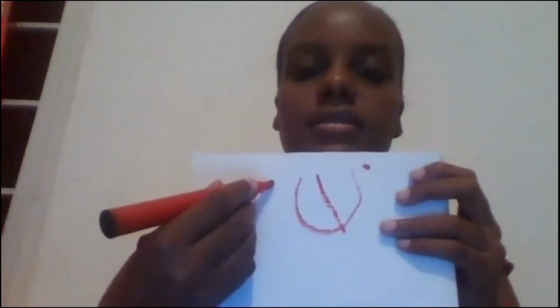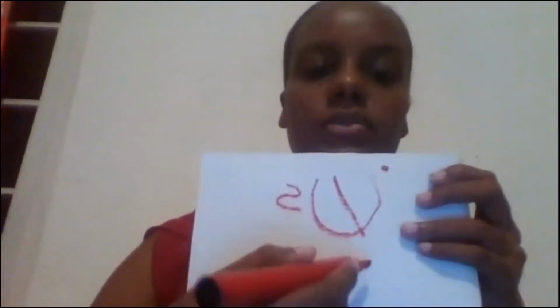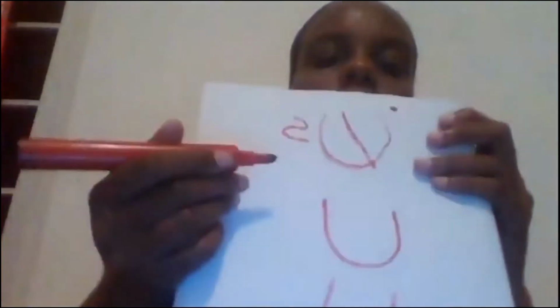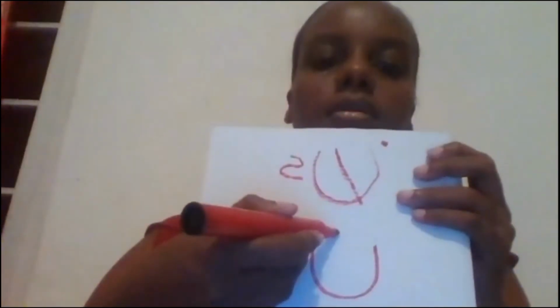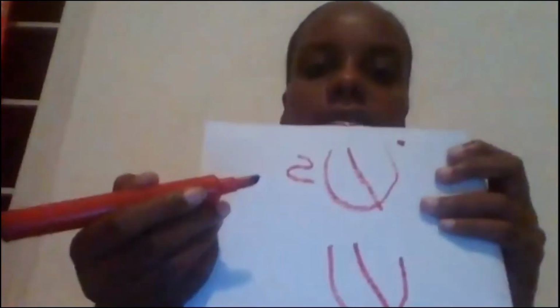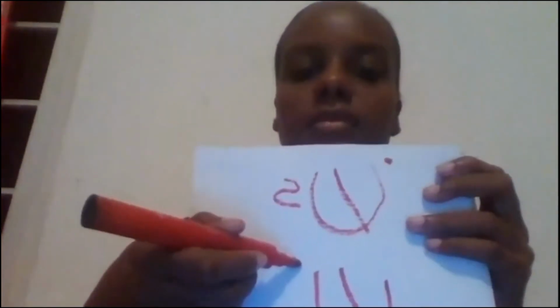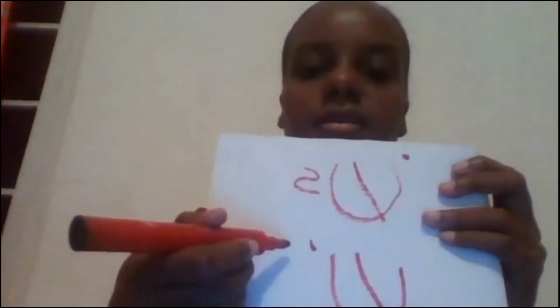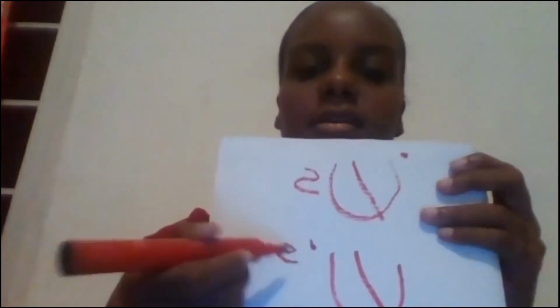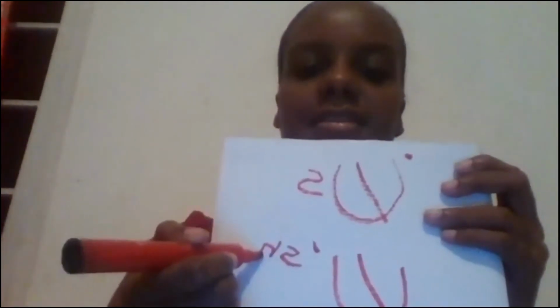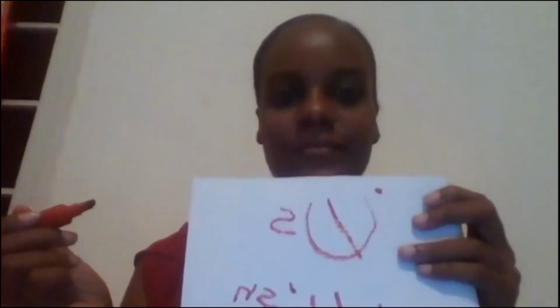So that's Sin, which is S. Shin, which is SH: a U, slant, dot to your right, and this is SH as in shalom.